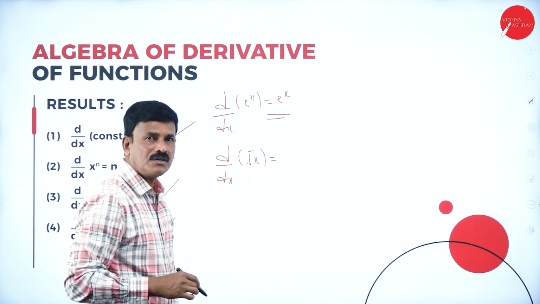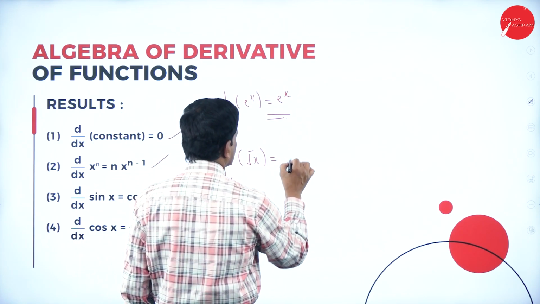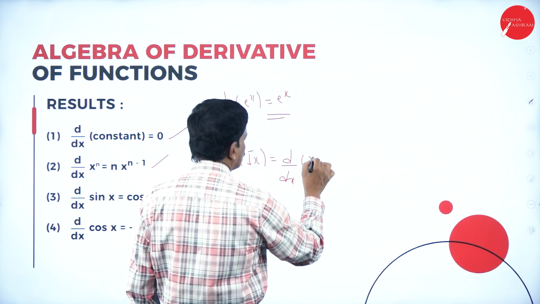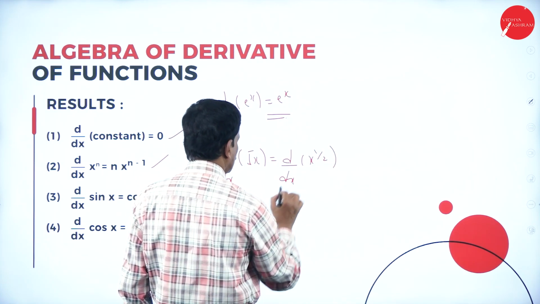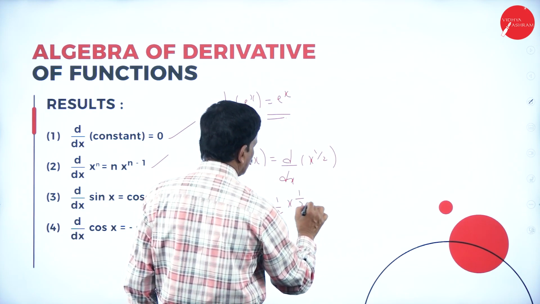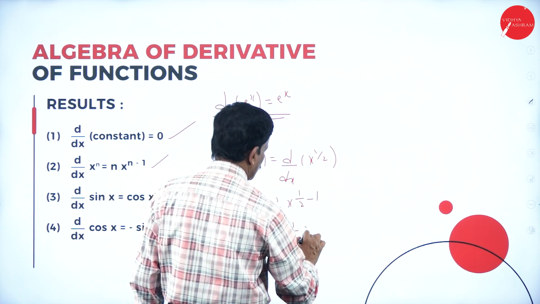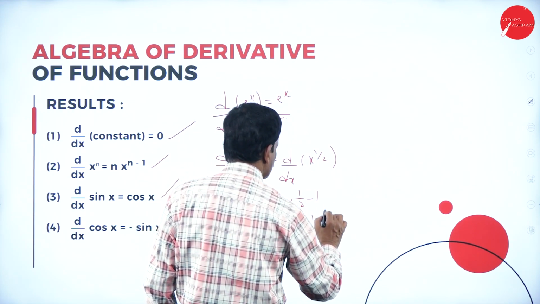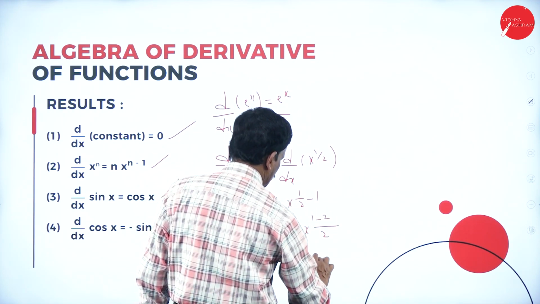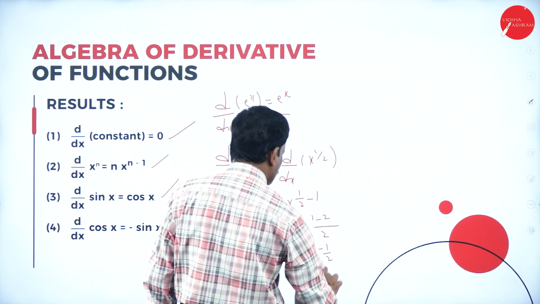So what is the derivative of root x? Root x is nothing but x to the power of 1 by 2. What is n here? n is 1 by 2, so we get 1 by 2 x to the power of 1 by 2 minus 1. Take the LCM, 2: 1 minus 2 is minus 1 by 2. This is 1 by 2 x to the power of minus 1 by 2.